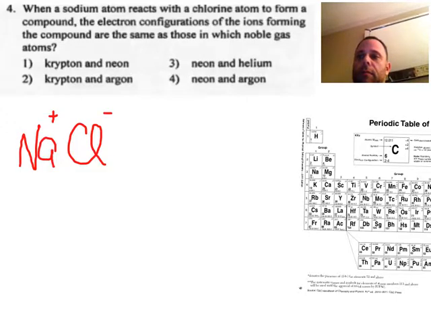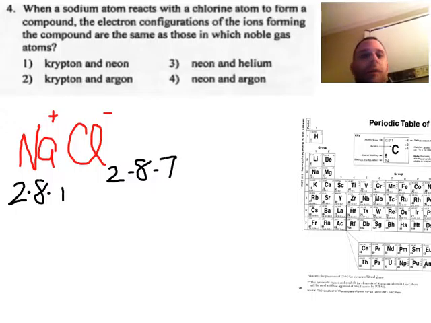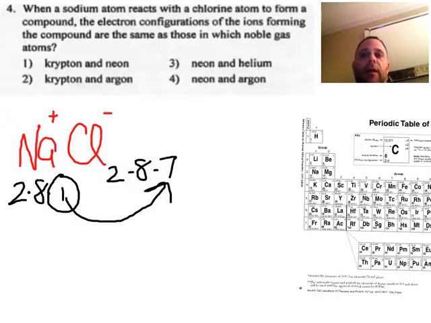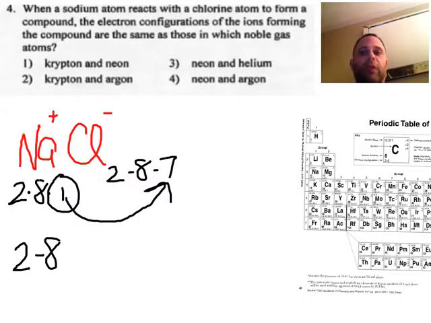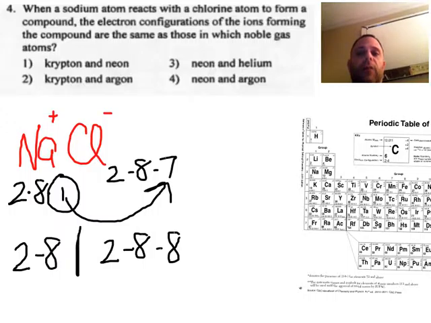Well, we're getting a transfer of electrons. This one electron would be transferring over to here. And sodium, as a result, would take on an electron configuration of 2, 8, while chlorine takes on an electron configuration of 2, 8, 8. And that's when the electron gets transferred over.